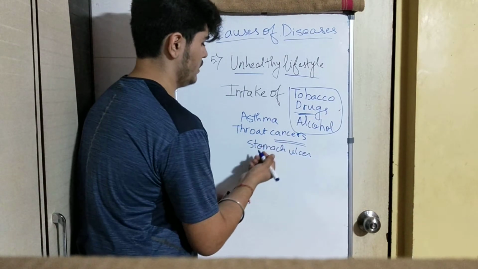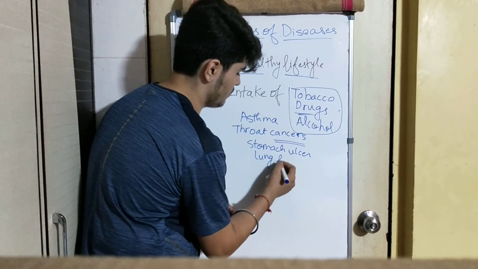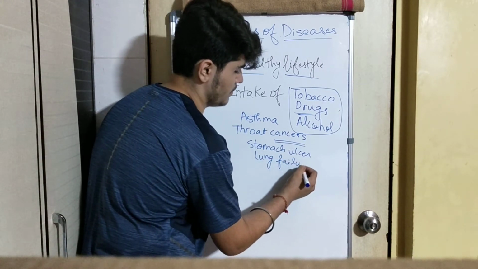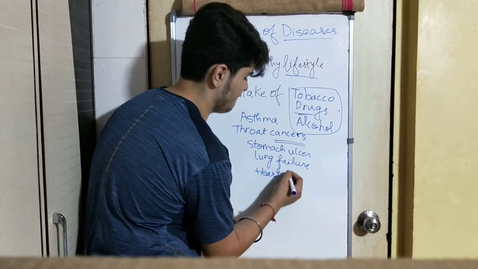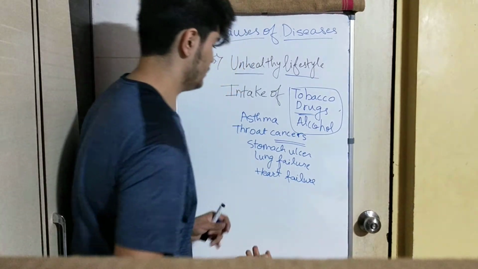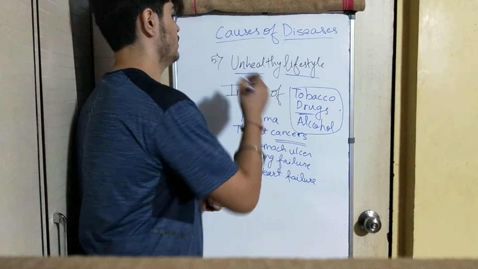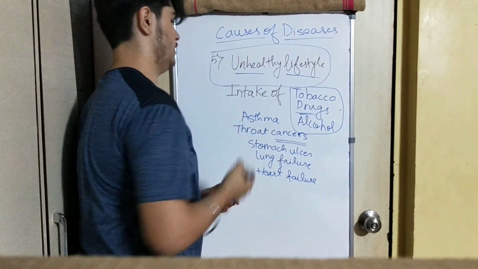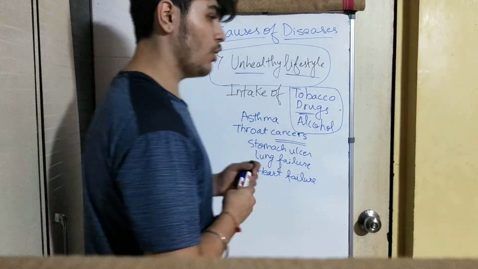You can even have lung failure, heart failure. There are n number of diseases due to this. That's why focusing on this cause is of main importance in today's life. You can copy it down.